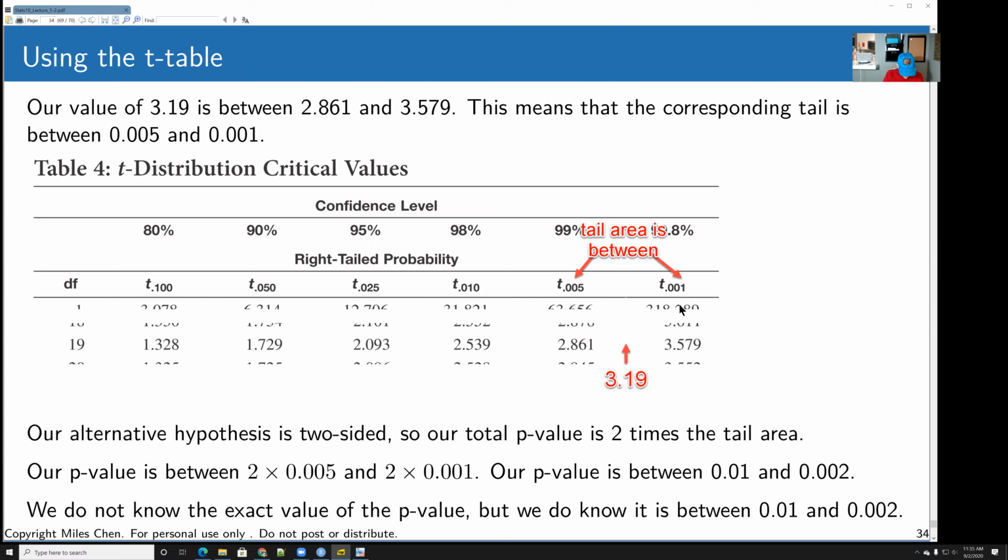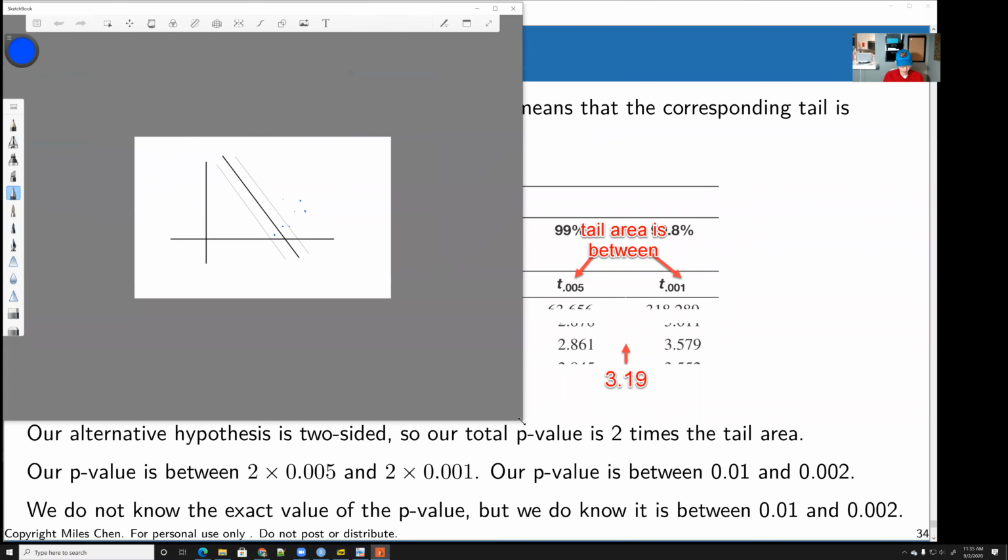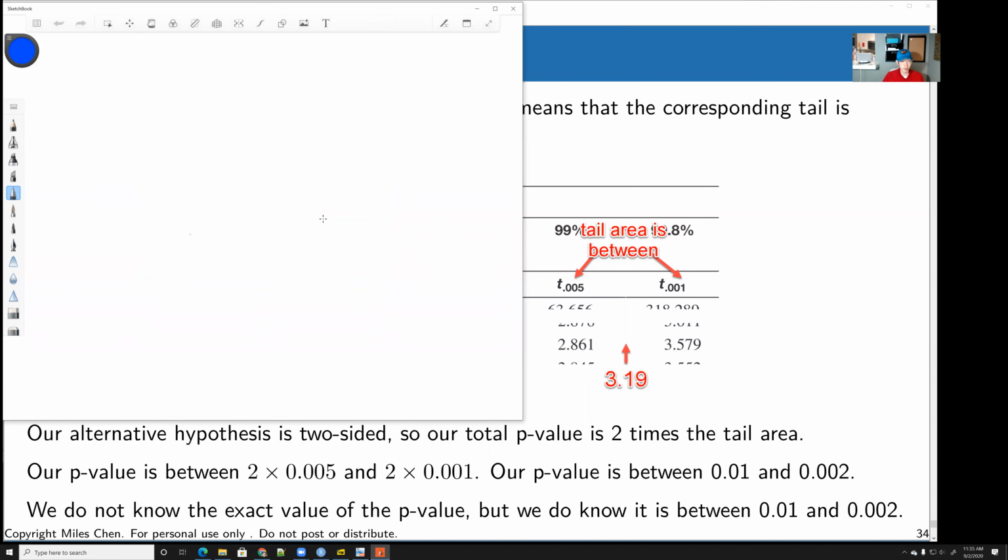Let me just show you what's happening here. This is supposed to be my t distribution.